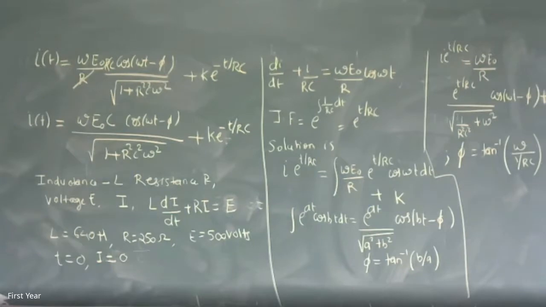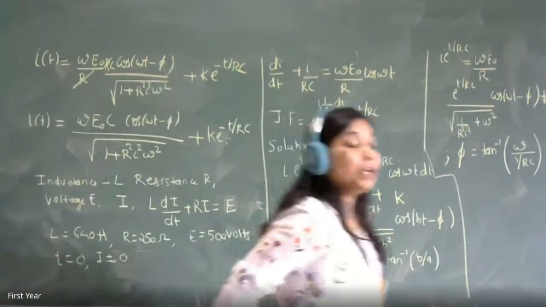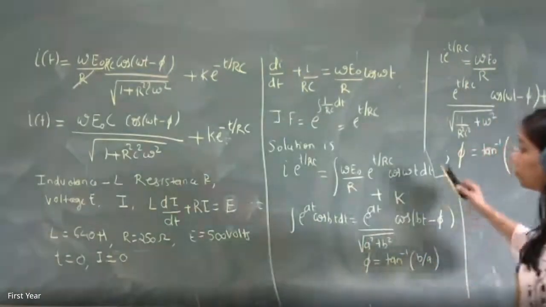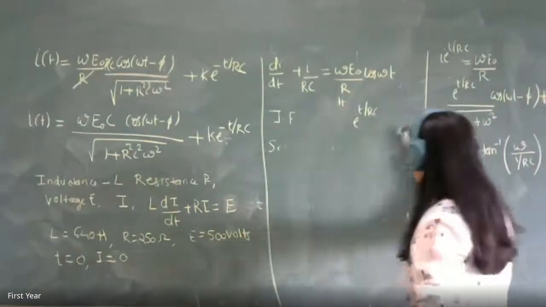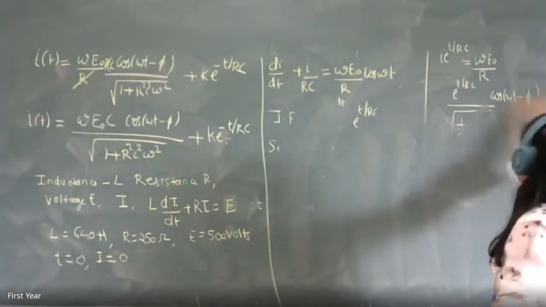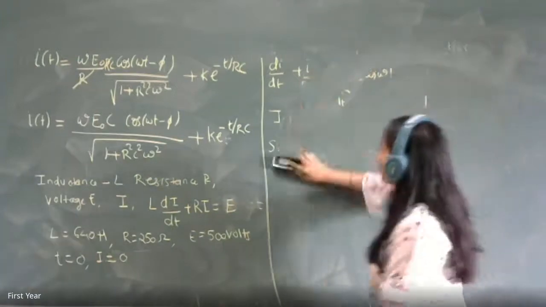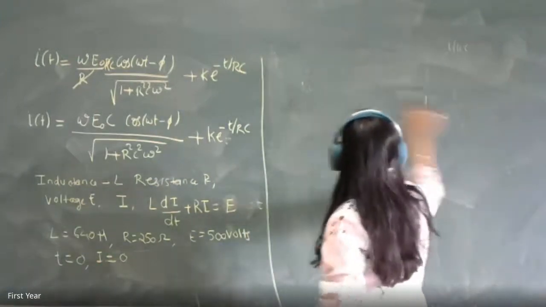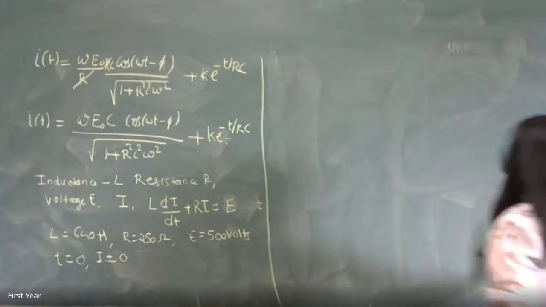Find the time required for the current to reach 90% of its maximum value.